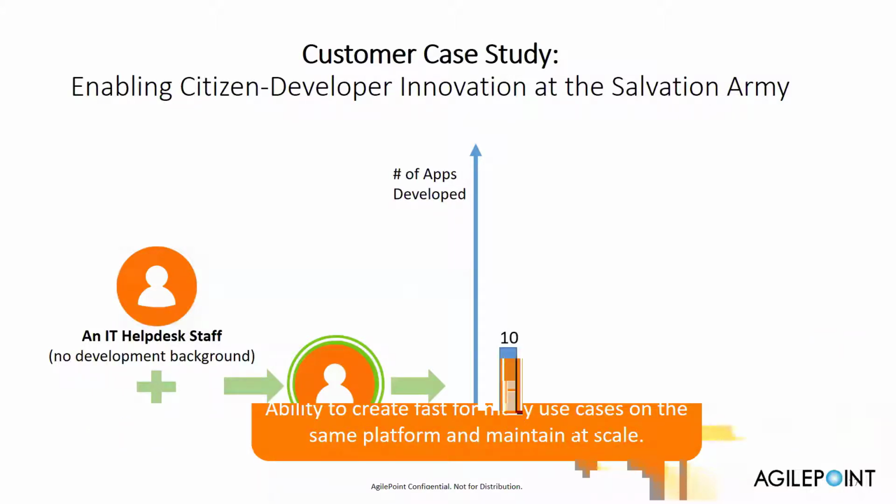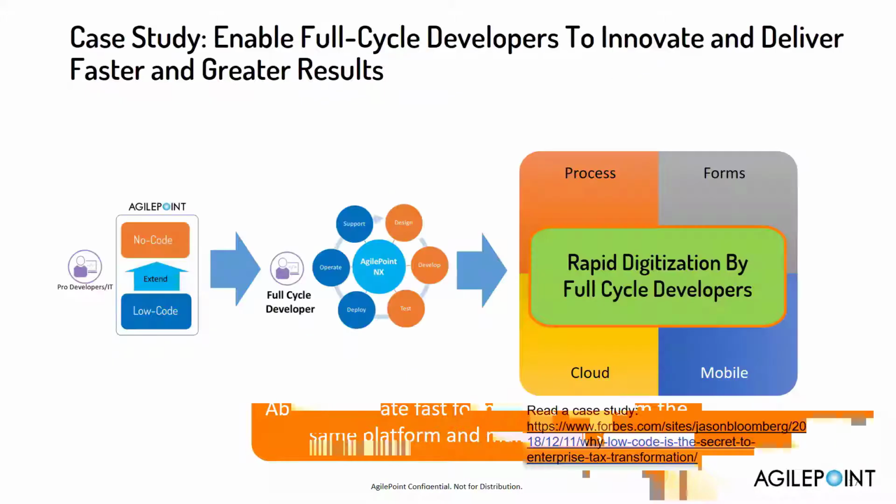Within the first year, they were able to roll out 10 applications. Within the second year, that number had doubled to 20, and will again double in 2019. And this is really quite amazing when you consider that this sort of productivity is something that you see out of a team of developers, not to mention a single citizen developer with no previous development experience.